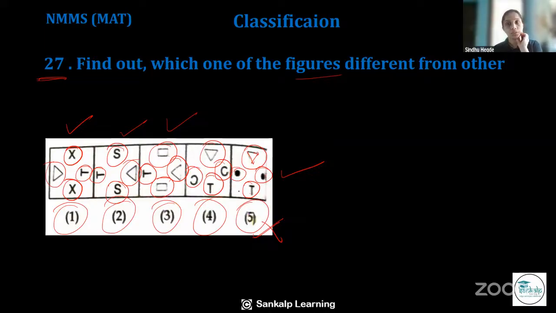Image fifth does not belong to these two patterns. So image 5 is entirely different from the rest. Here the correct option is answer 5, the last image. The fifth one is different from the others. Thank you.